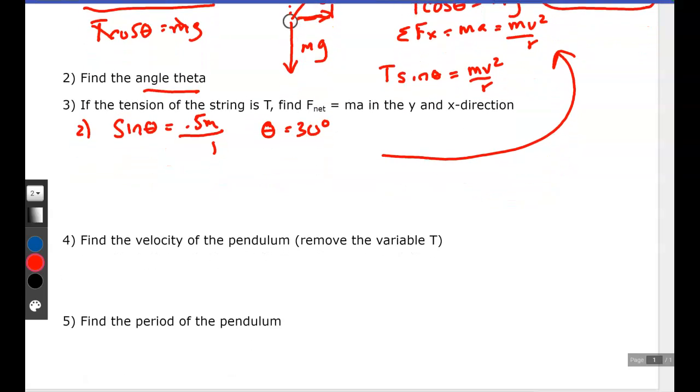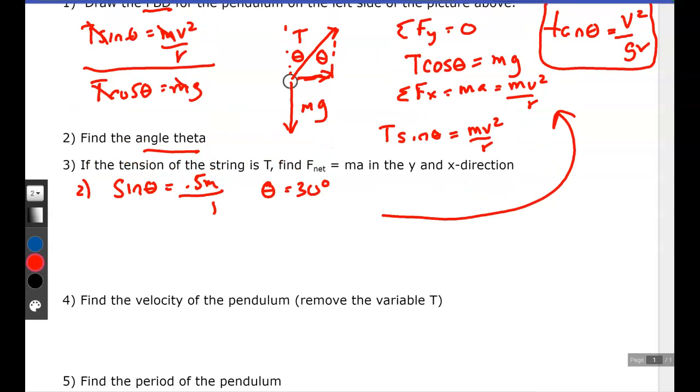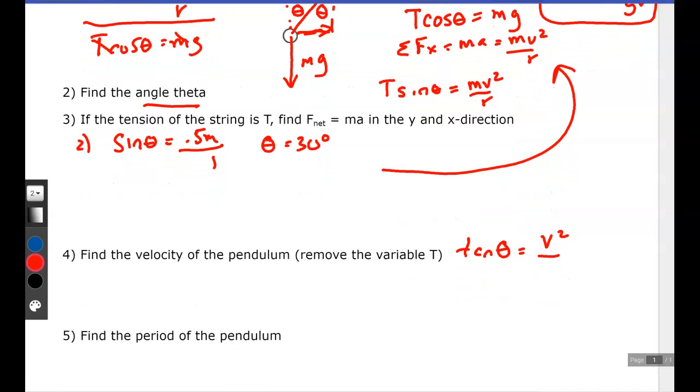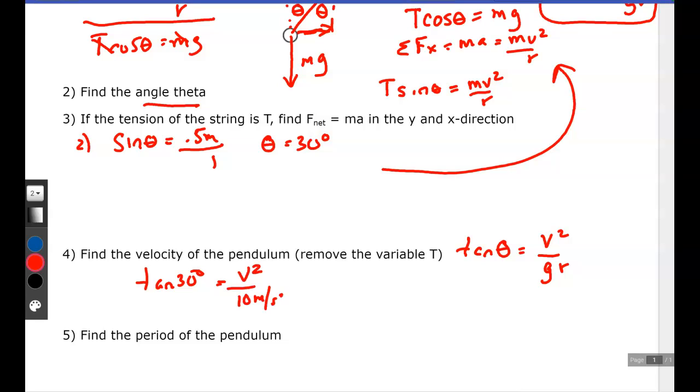Okay. So find the velocity. Let's go back. Our equation is tan theta equals v squared over g r. So tan 30 degrees equals v squared divided by g, which is 10 meters per second squared on this planet, times r, which we're told is 1.00 meters.